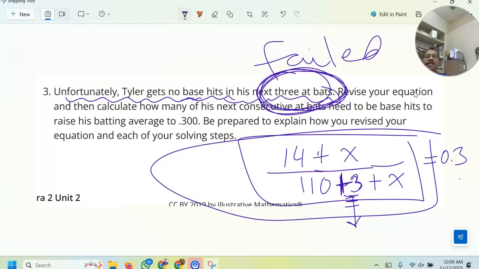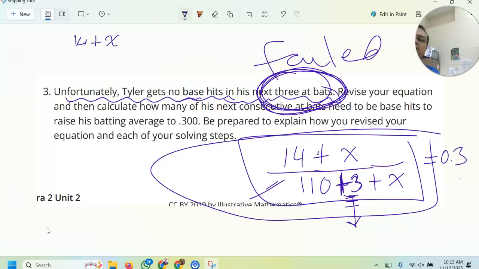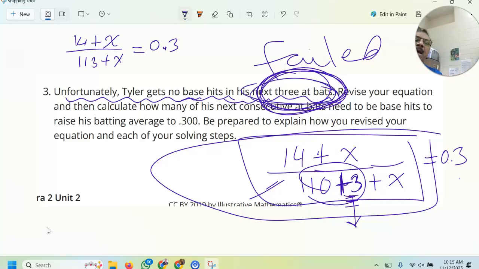So I want you to complete the remaining. So we have to solve this. Let me write this again on top here. So this will be 14 plus x divided by 113 plus x equals, and now you need to write 0.3 because we need to know even though he failed 3 times, how many more he needs to consecutively hit. So let me clean this.